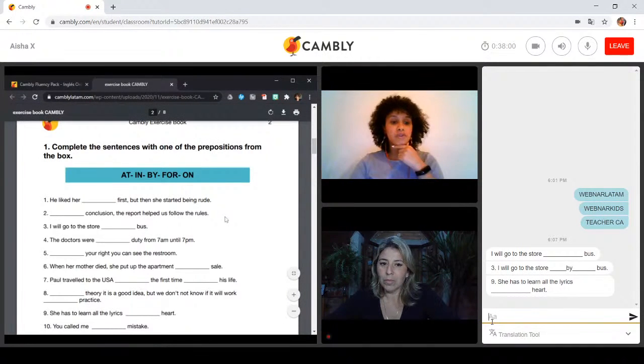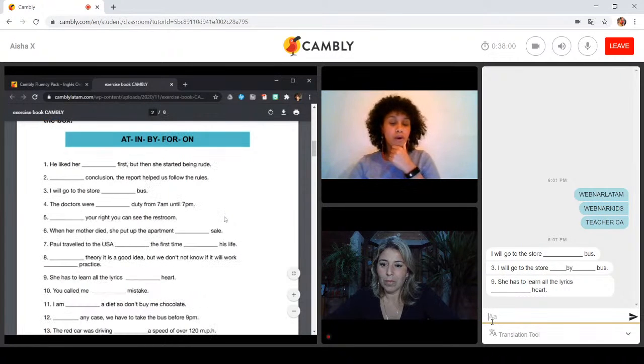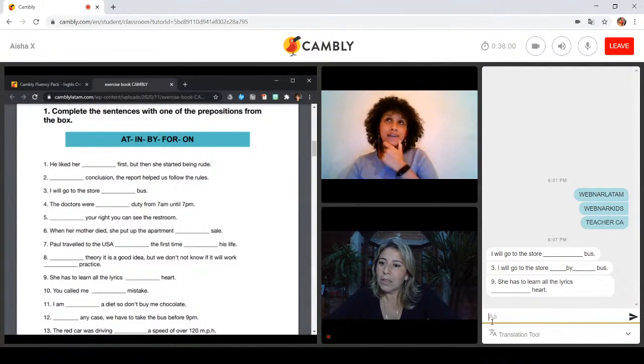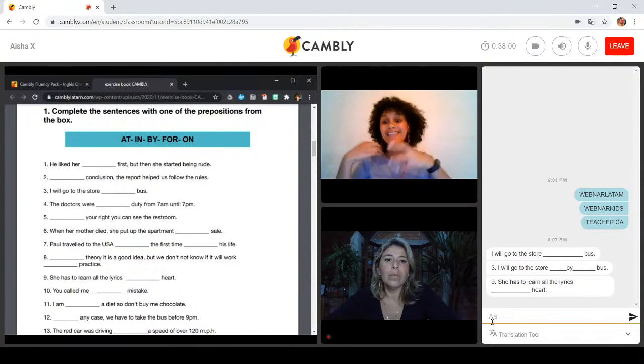So let's look for an example of for. I wanted to buy tomatoes for my soup, right? So the tomatoes are needed for something. There is a purpose for the tomatoes. That is why we would use for. However, the sentence doesn't really refer to the purpose of something. It refers more to the way of doing something.